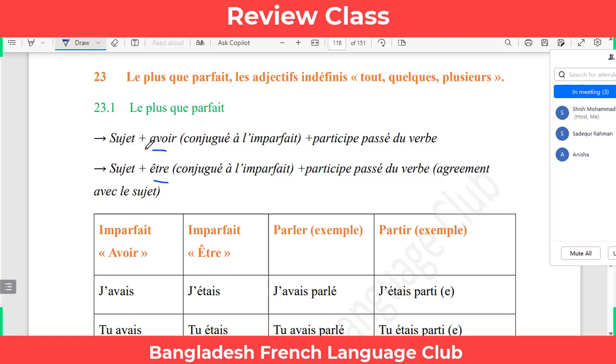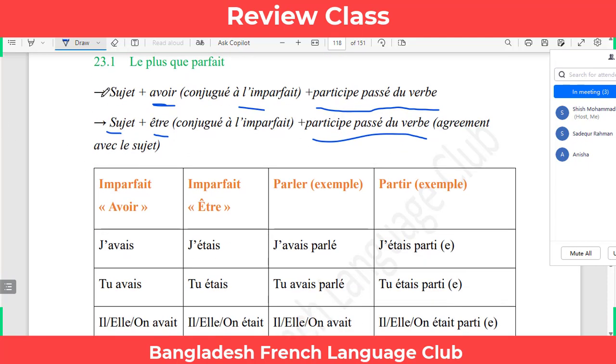So first of all, subject plus avoir conjugué à l'imparfait, sorry, imparfait, not impératif. So the avoir conjugation will be in imparfait, then participe passé du verbe. And the same way with être, conjugué à l'imparfait, participe passé du verbe, and agreement avec le sujet.